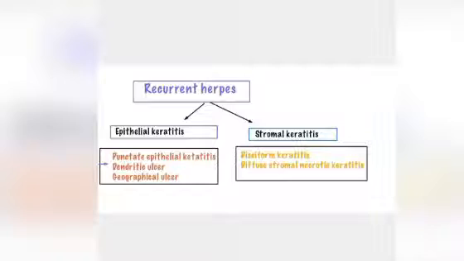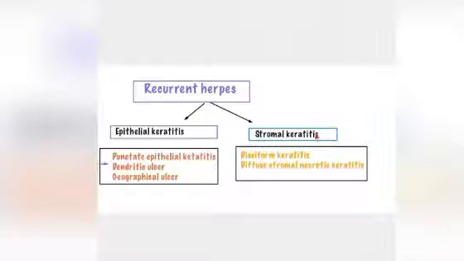Next is recurrent herpes. Recurrent herpes includes epithelial keratitis and stromal keratitis. When it involves the epithelium of the cornea, it is epithelial keratitis, while if it involves the stroma, the third layer, it is stromal keratitis. In epithelial keratitis, you can see these three, which are punctate epithelial keratitis, dendritic ulcer, and geographic ulcer.